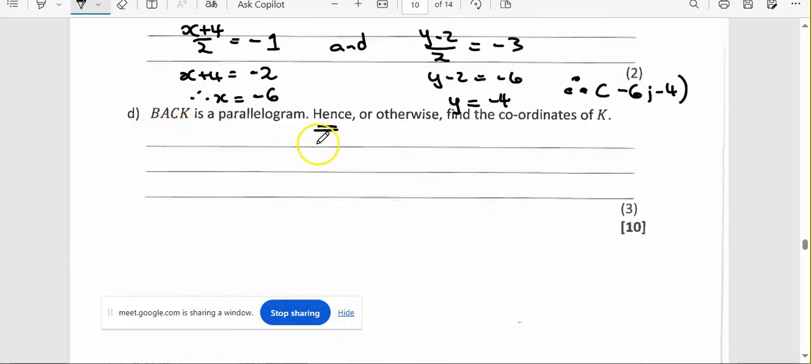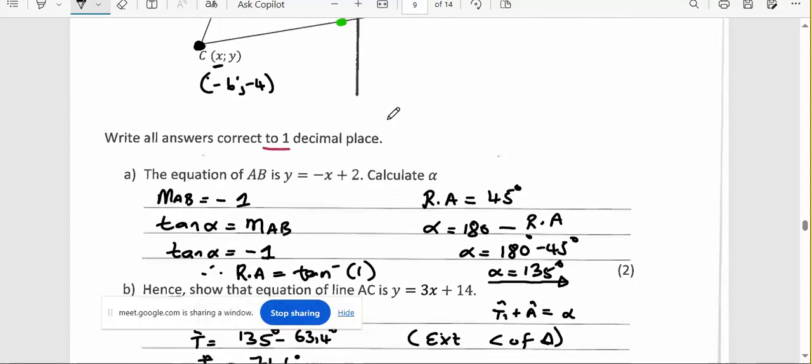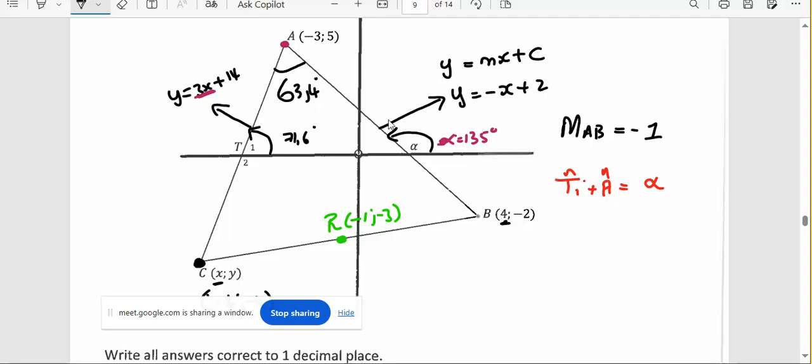So for this diagram to be a parallelogram, let's check. They say that B, A, C. We have to start from B, which is this point here. From B, we go to C, then we go to A. So this tells you that the third point should be somewhere here. Let us quickly erase this part. So the third point, to make this a parallelogram, should be somewhere here, because now we need to follow the points.